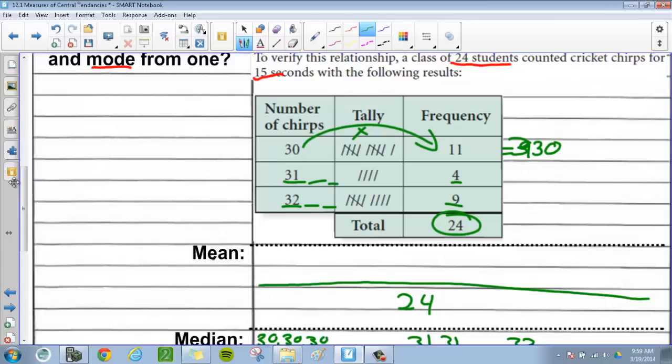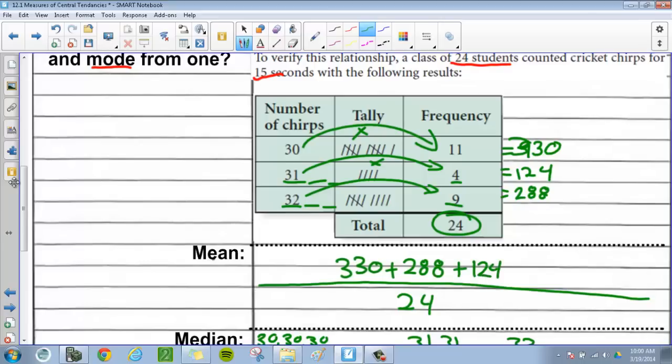Okay, now we have 31 times 4, which is 120 plus another 4 added onto that, so we have 124 for this times that. And then we have 32 times 9. So 3 times 9 is 27, so 270 plus another 18, so 288. So we have 330 plus 288 plus 124, and I don't know why I did it out of order.